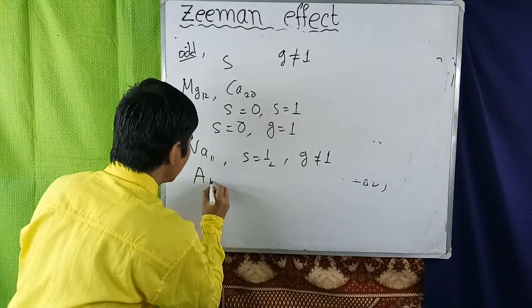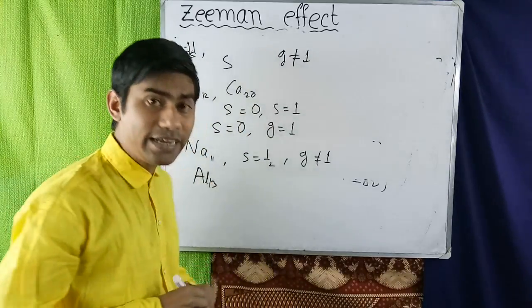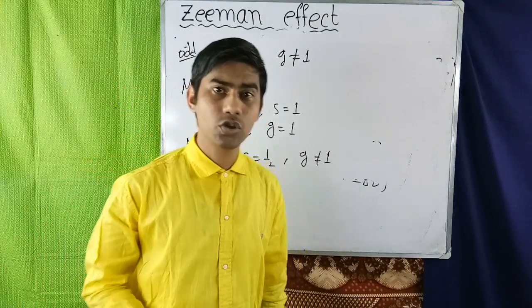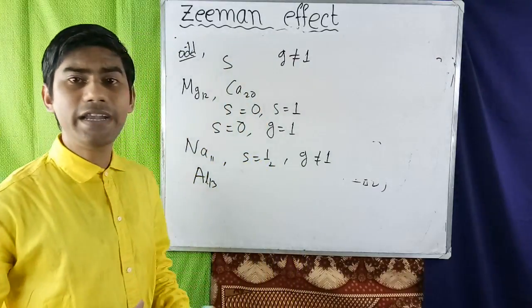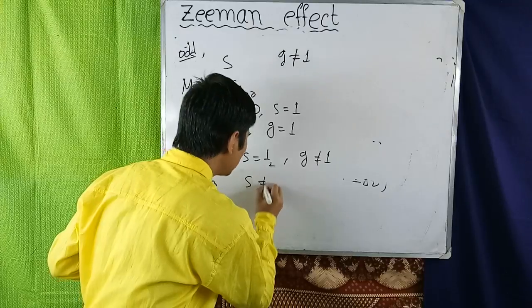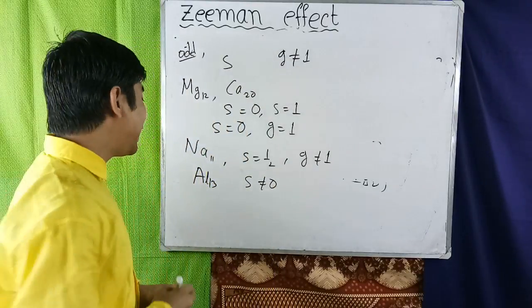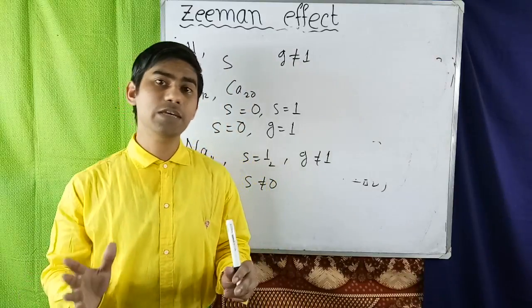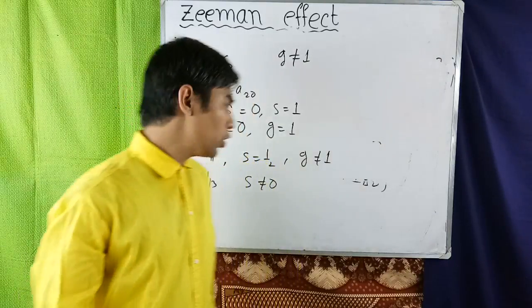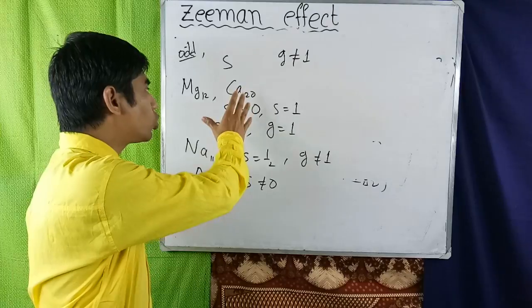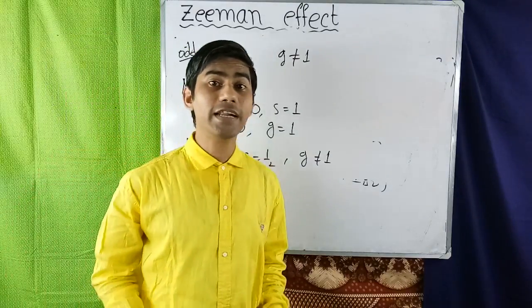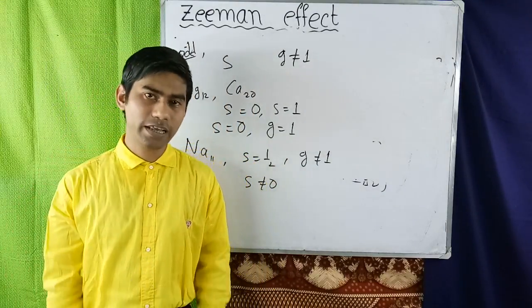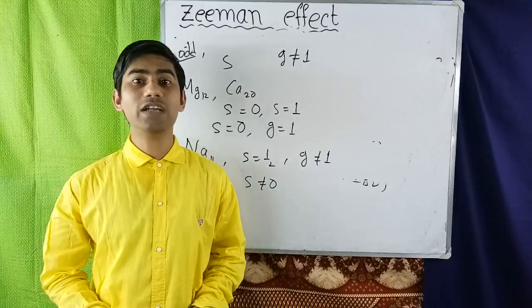Now an aluminium 13 atom contains 3 optical electrons. So for aluminium 13 atom, S does not equal 0. So aluminium 13 atom also shows anomalous Zeeman effect. Thus, we can explain both normal and anomalous Zeeman effect by vector atom model. Okay, thank you for watching this video.